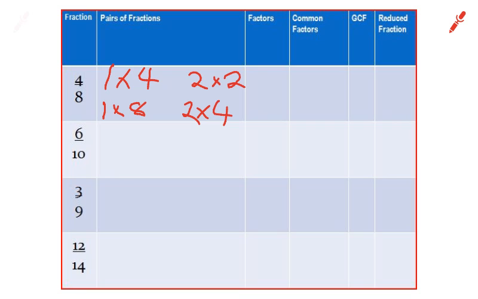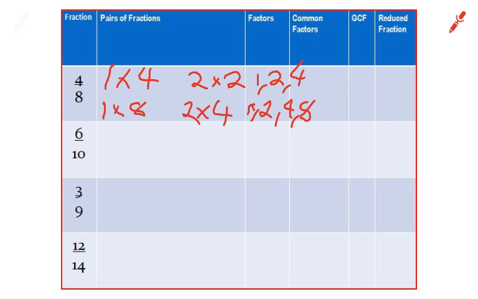So, our factors, now I'm running out of room, but I'll try to squeeze them in. Factors for 4 are 1, 2, and 4. And our factors for 8 are 1, 2, 4, and 8. You guys need to make it way nicer than I did there. My 1 looks like an alien.